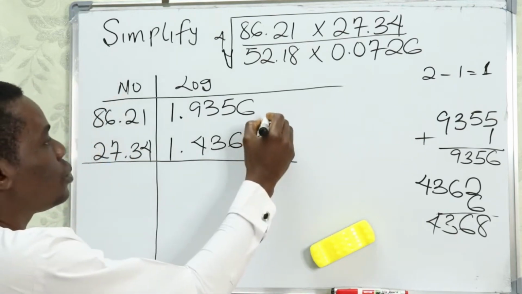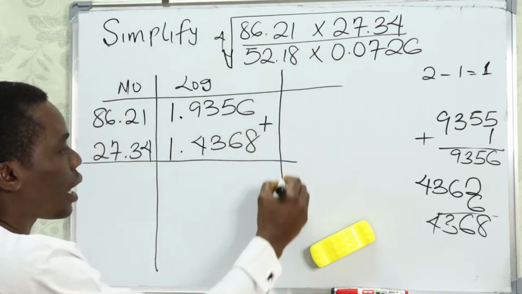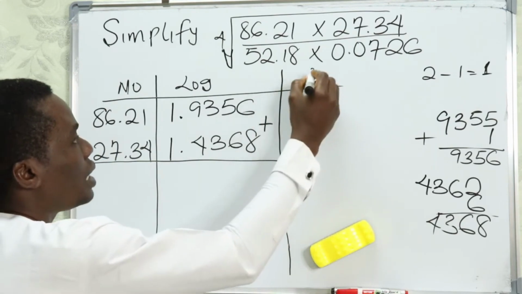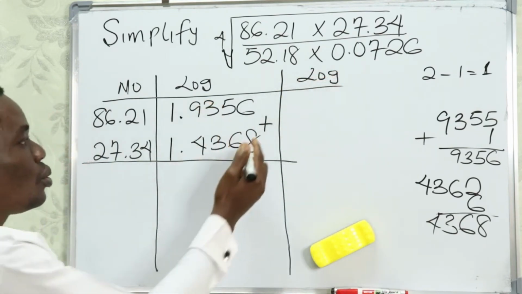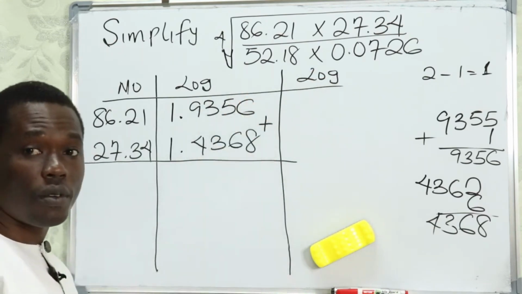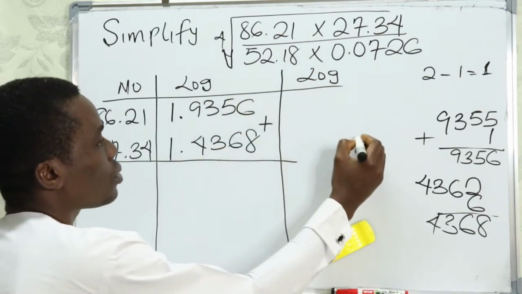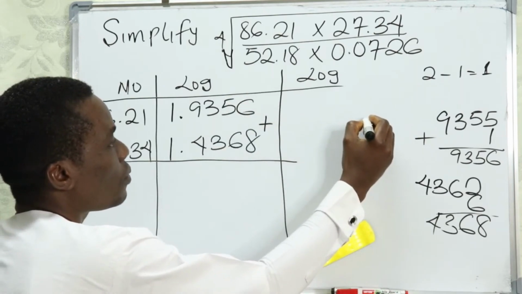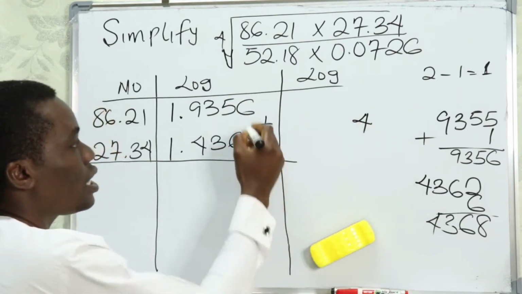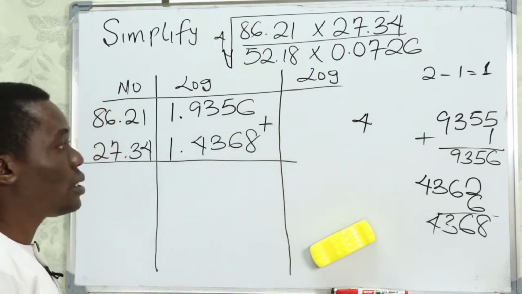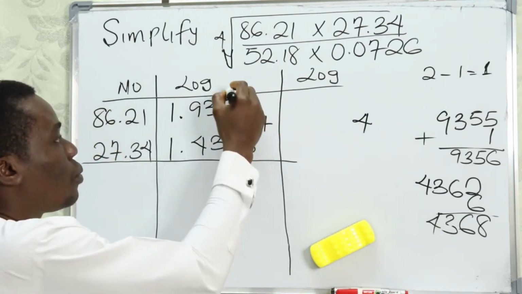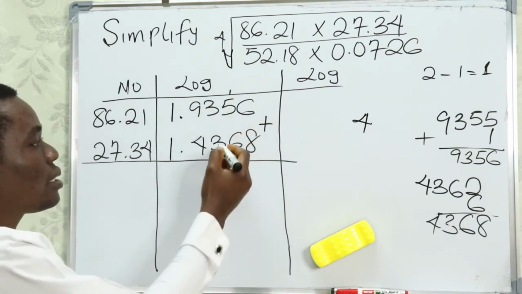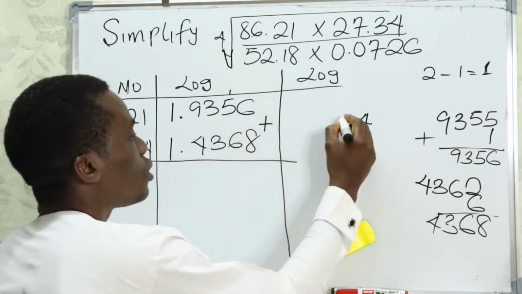So what we do is we add these and create another column, which is also the result of the log. The addition of these two will give us 14, so that will give us 4. 8 plus 6 will give us 14. Then we'll put a 1 here, which makes it 6. 6 plus 2 will give us 12.